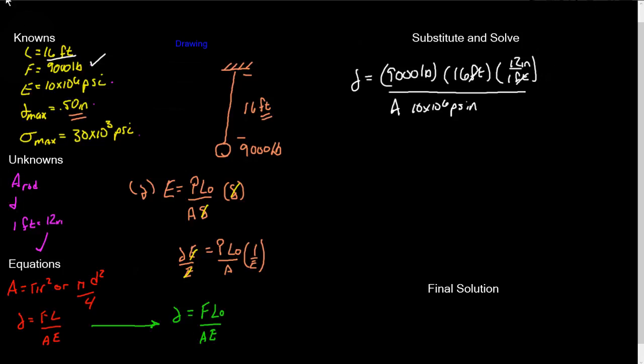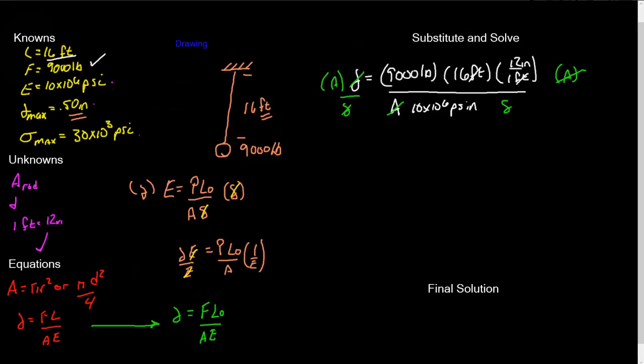Now let me do one other change here from that formula. I'm going to divide both sides by my delta. It'll cancel on that side. And I'm going to multiply both sides by my area, and that will cancel my area.